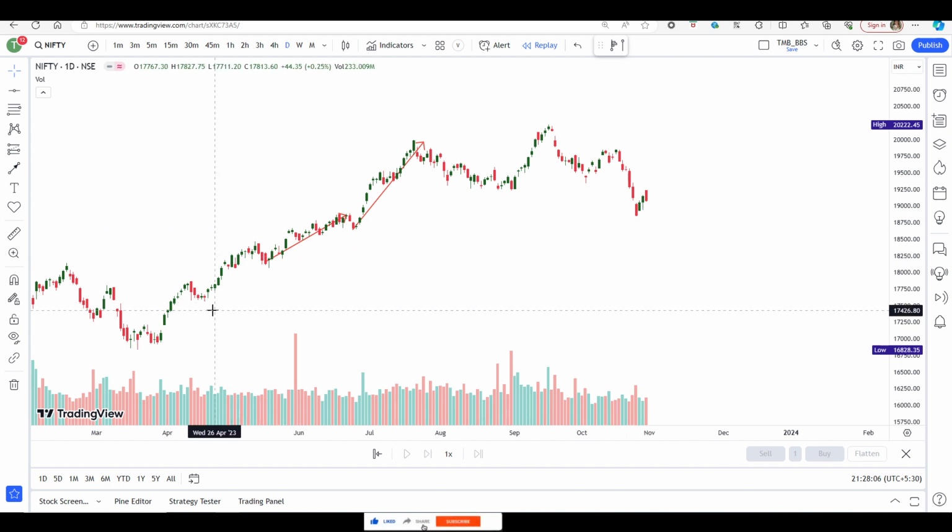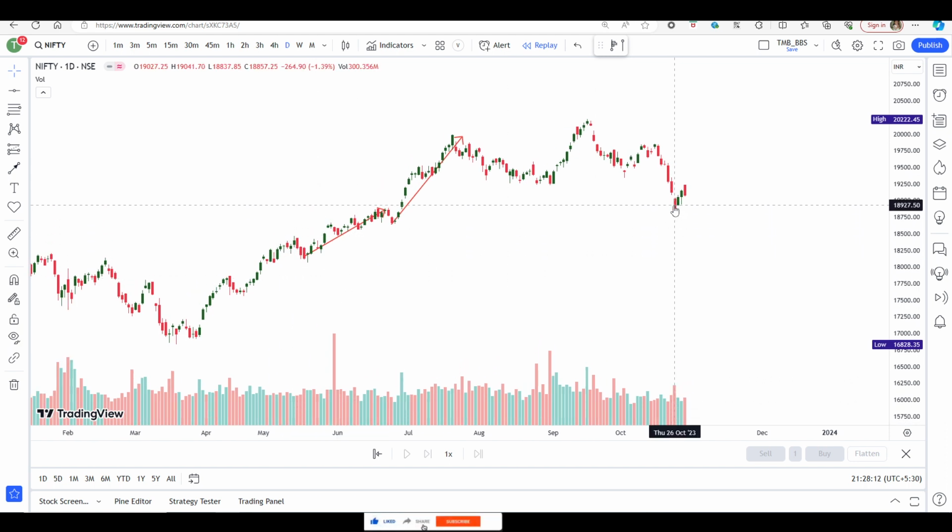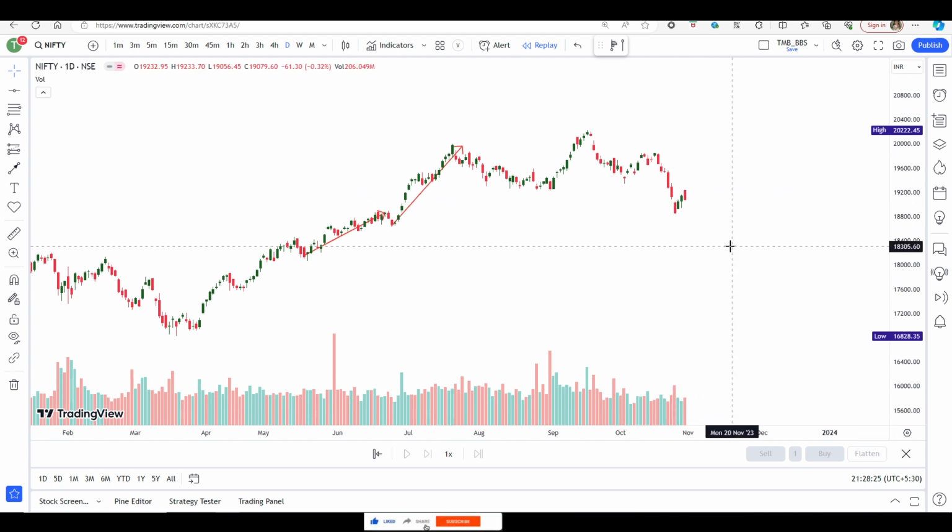Most of the time nowadays, if the trend is there, it will continue for 2-3 days. On the day it turns from bearish to bullish, you will see the loss. Continuously 4-5 days you will get the profit, and 1 or 2 days you will lose money.